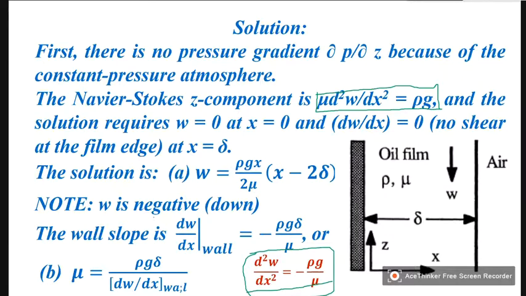So in this case, we'll write 0 is equal to minus rho g plus mu times d square w by d x square.